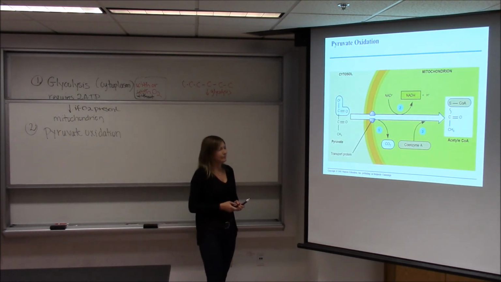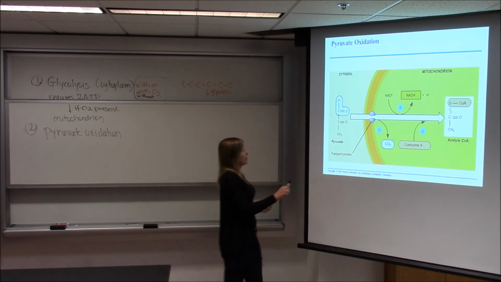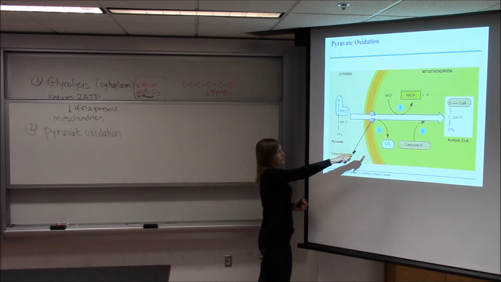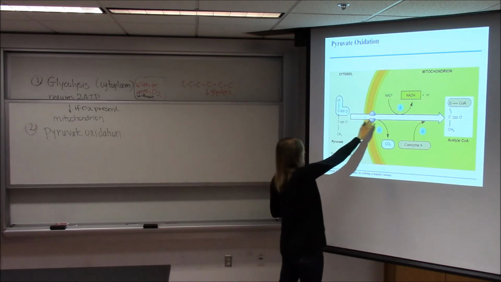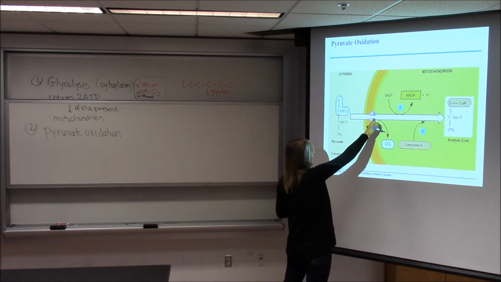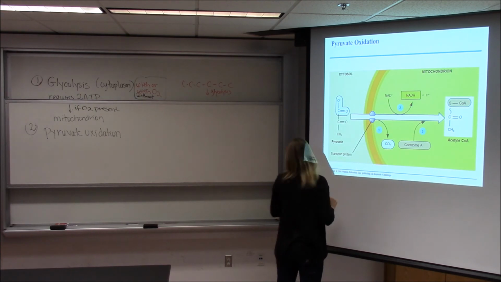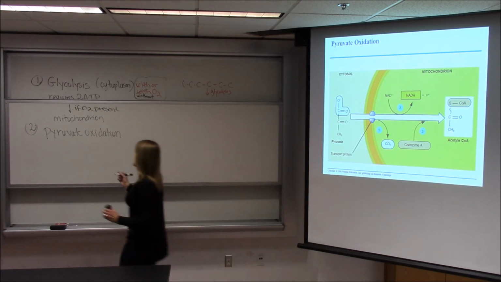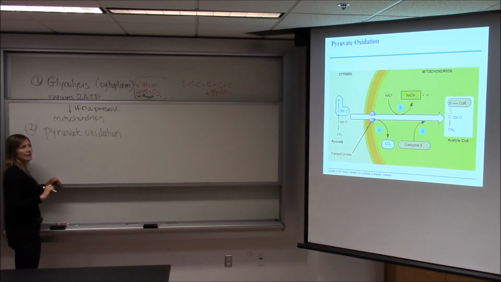So this is the details of pyruvate oxidation. We have two pyruvates that we generated, so each one is going to go through this process. So we enter the mitochondrion. It's going to go through a transport protein. We're going to generate, for each pyruvate, one CO2 and produce one acetyl-CoA.